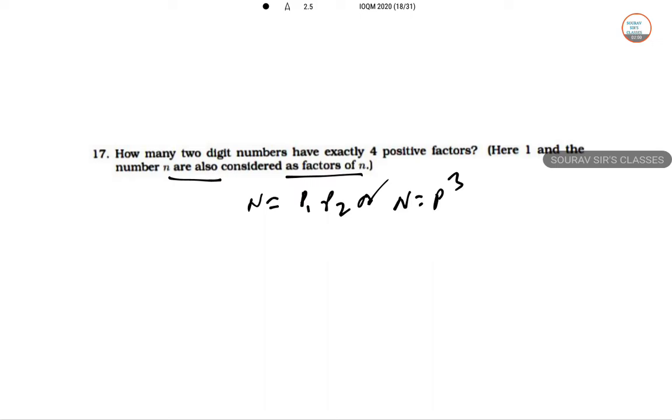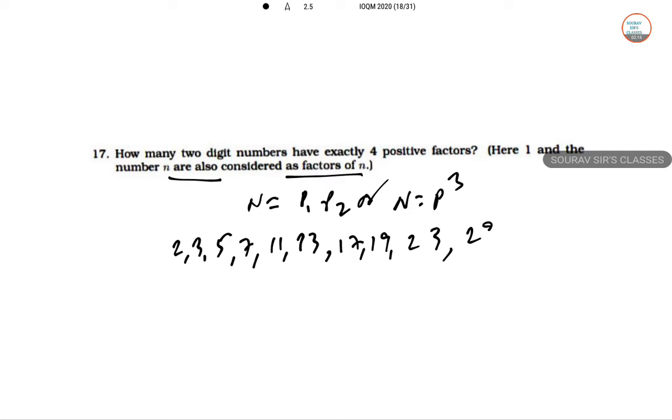Okay, so now the primes less than 50 are 2, 3, 5, 7, 11, 13, 17, 19, 23, 29, 31, 37, 41, 43 and 47.